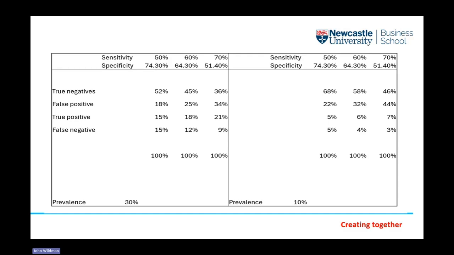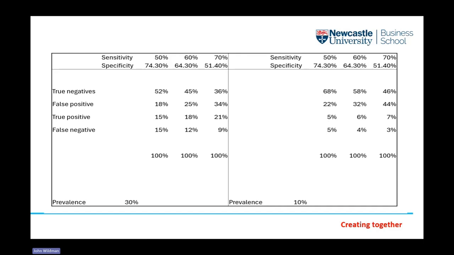Or I could choose the point that has 60% sensitivity and 64.3% specificity, or the threshold at the point 70% sensitivity and 51.4% specificity. So as you see, I increase sensitivity, but specificity is falling.